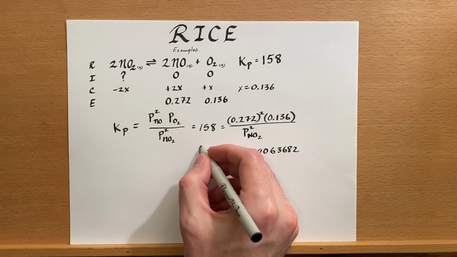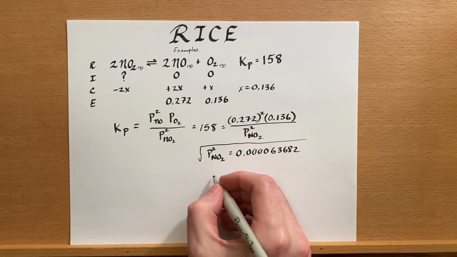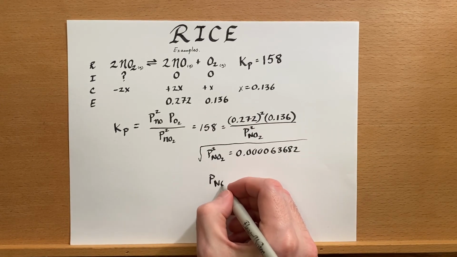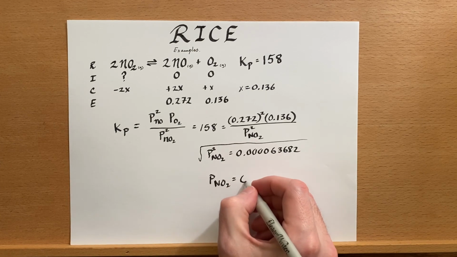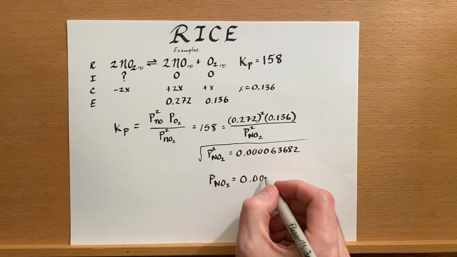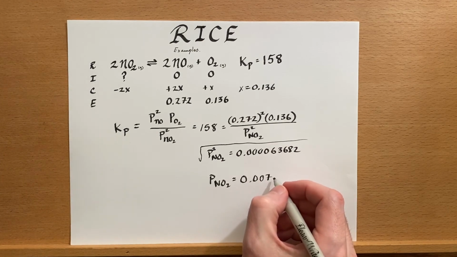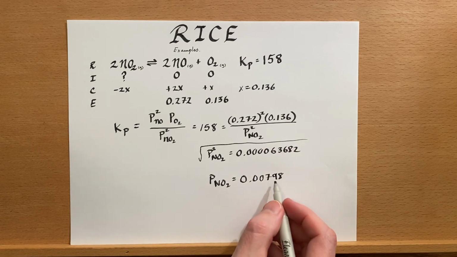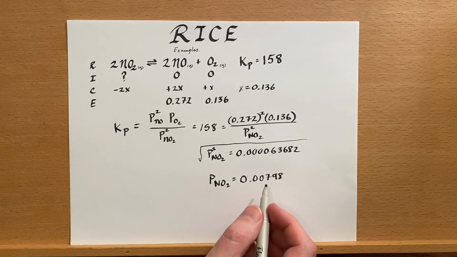So I'll just write the square root of all of that there. I got 0.00798 for the pressure.